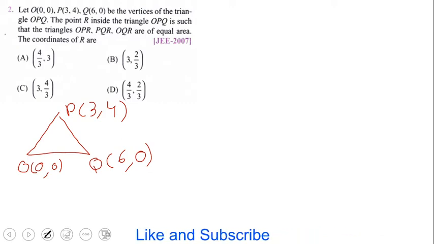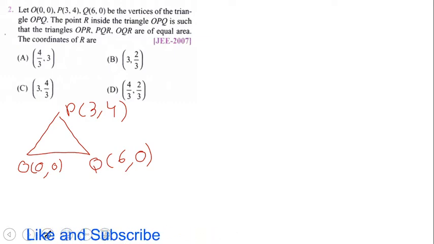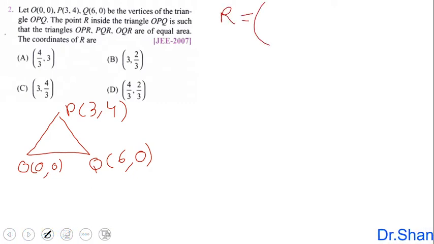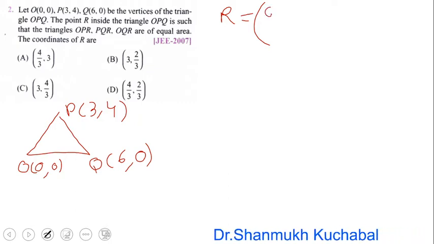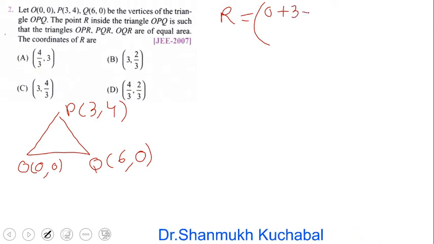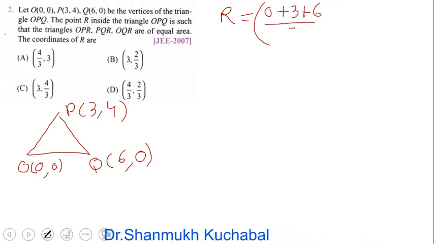For the coordinates of R we have to use the centroid formula. The R coordinate is x1 plus x2 plus x3 divided by 3, so we get 0 plus 3 plus 6 divided by 3.